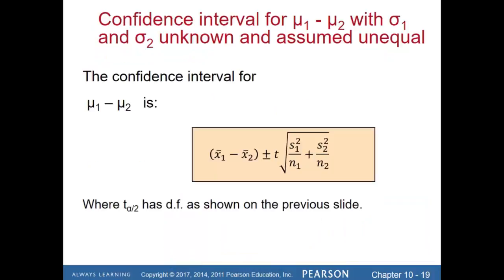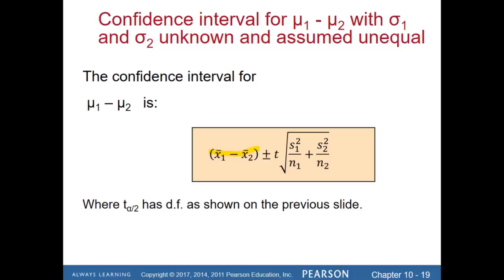We've also got a formula for our confidence interval, and again, it follows the same pattern. Hopefully by now that pattern is starting to become apparent to you. We are taking a point estimate for the difference between population means. The point estimate is going to be the difference between our sample means.